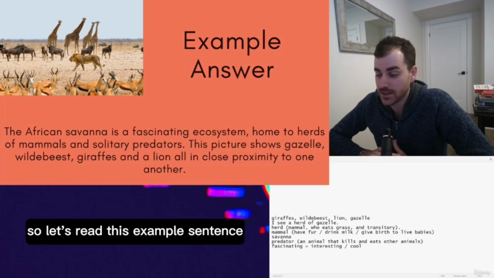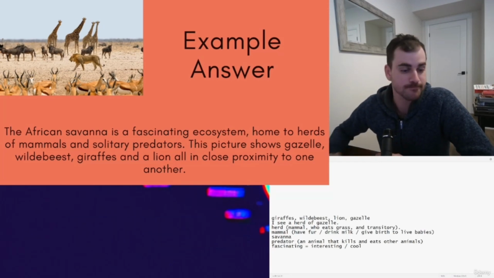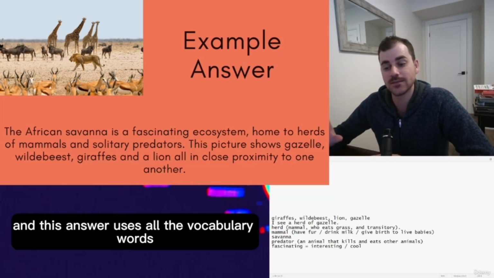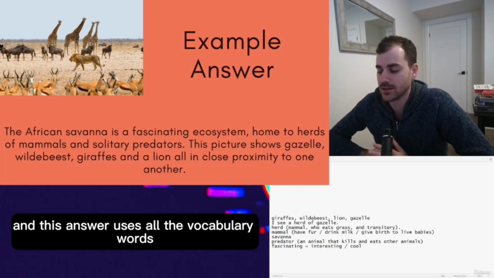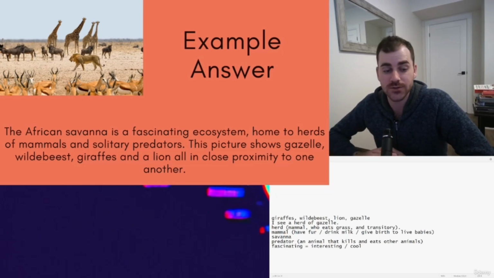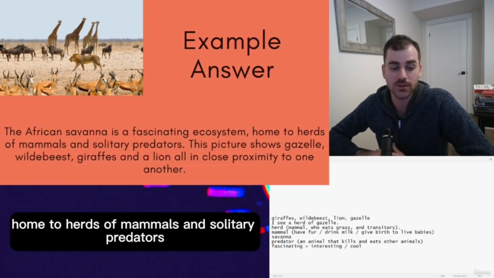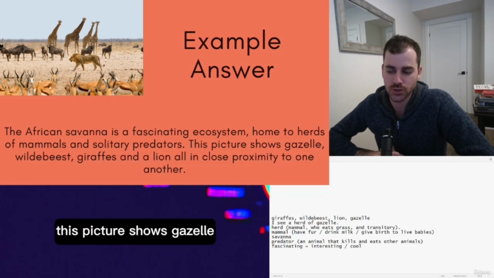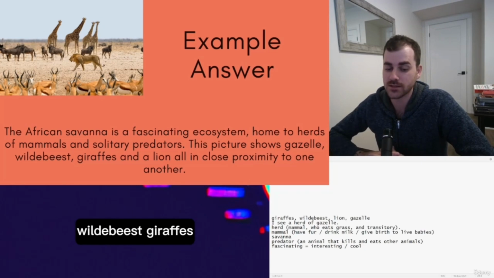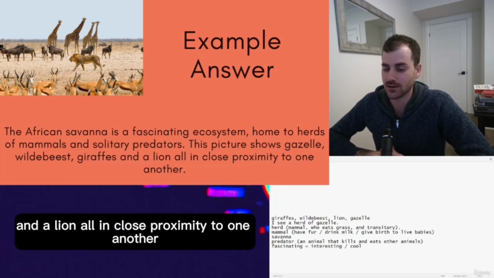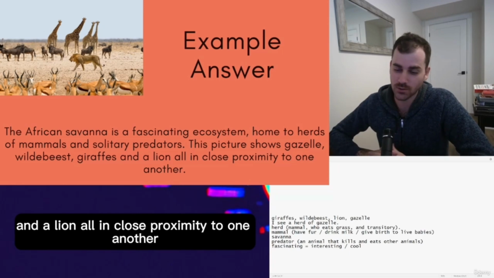So let's read this example sentence. And this answer uses all the vocabulary words. So, the African savanna is a fascinating ecosystem, home to herds of mammals and solitary predators. This picture shows gazelle, wildebeest, giraffes, and a lion, all in close proximity to one another.